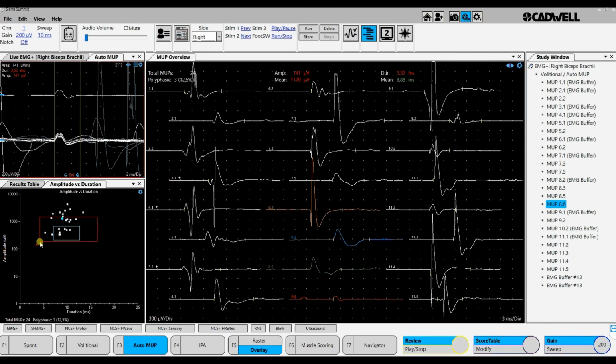The normal values are for individual units in red, and the mean value is in blue, and then you see the mean value is outside, and also a number of individual motor unit potentials are outside the outlier limit.